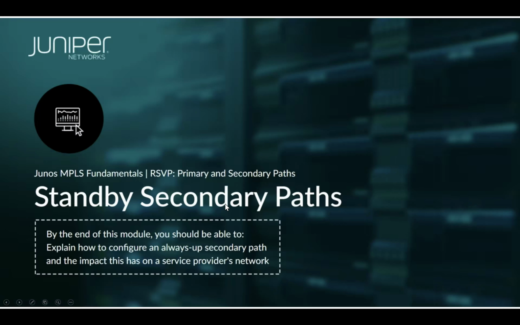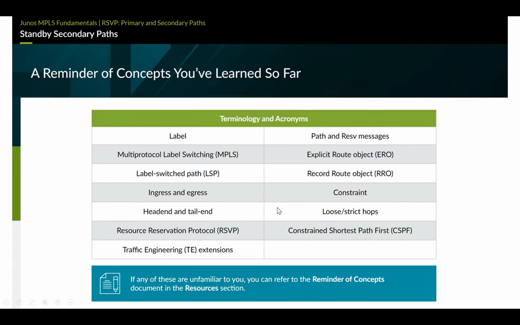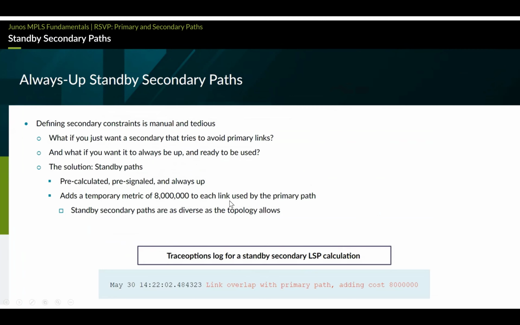So another option is the standby secondary path. We already shared that there can be multiple secondary paths. If I configure multiple secondary paths, we can use standby secondary paths also. So how to do this?